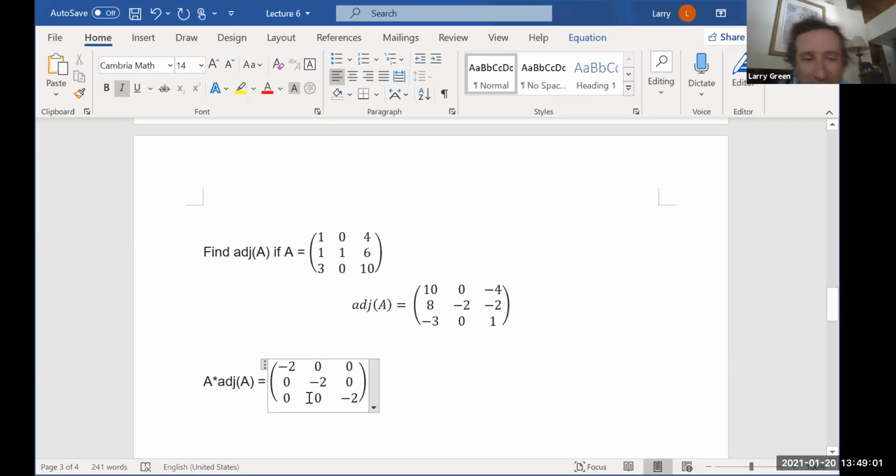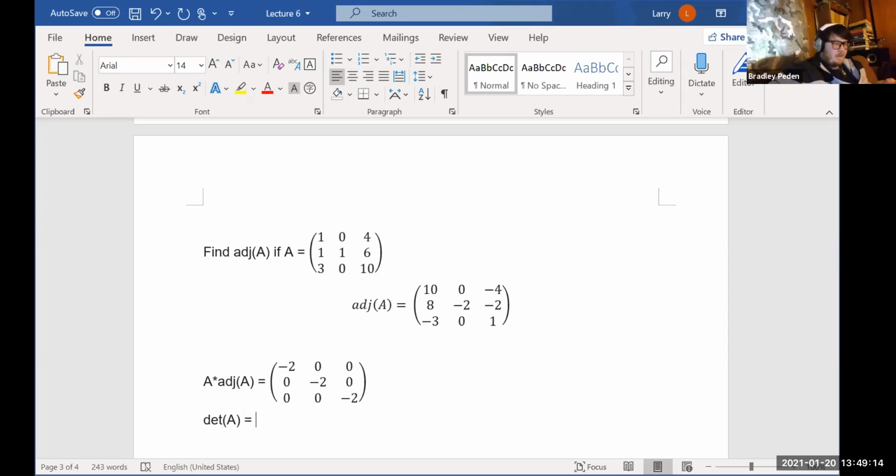The second question I have for you is, what is the determinant of A? See if you can find the determinant. 8. Not the determinant of A times the adjoint of A. What's the determinant of A? You've got to do some work. And the hint is expand on the second column.